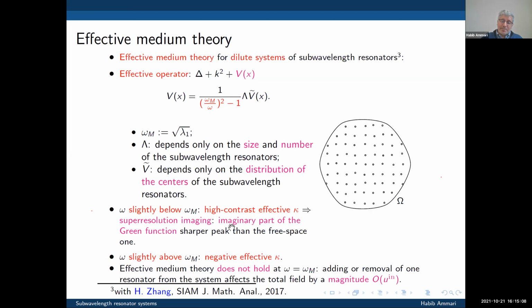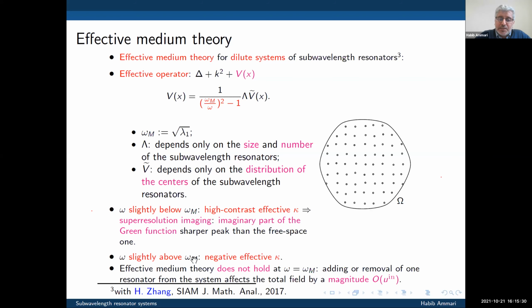And this is what we did in a series of papers with Haisen. Then we can prove that we can achieve super resolution imaging or super focusing by considering this imaginary part of the Green function of the effective operator and proving that it has a sharper peak than the free space one.